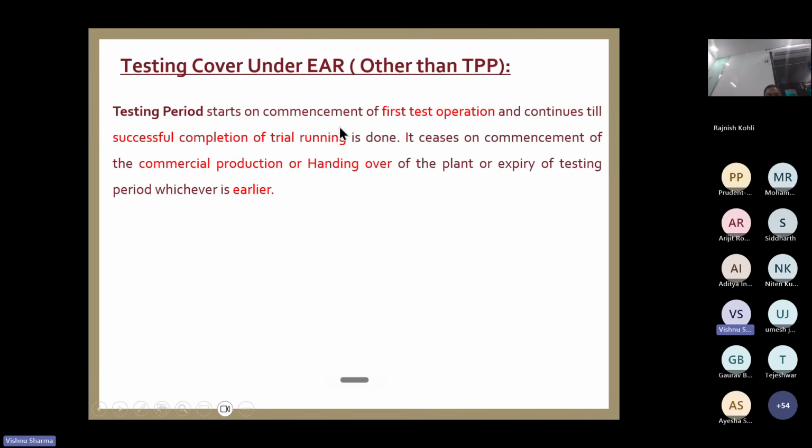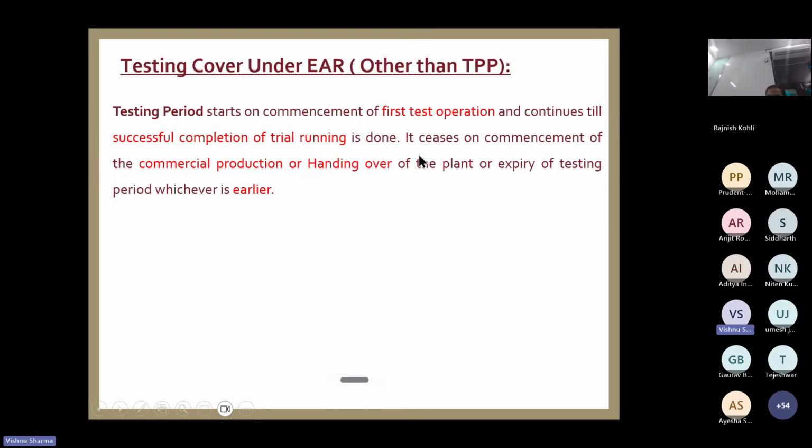The testing period starts when the first test operations start, and it continues till successful completion of trial running. So the testing period starts from the first trial run and it ends when the plant is successfully tested and commissioned, not before that.